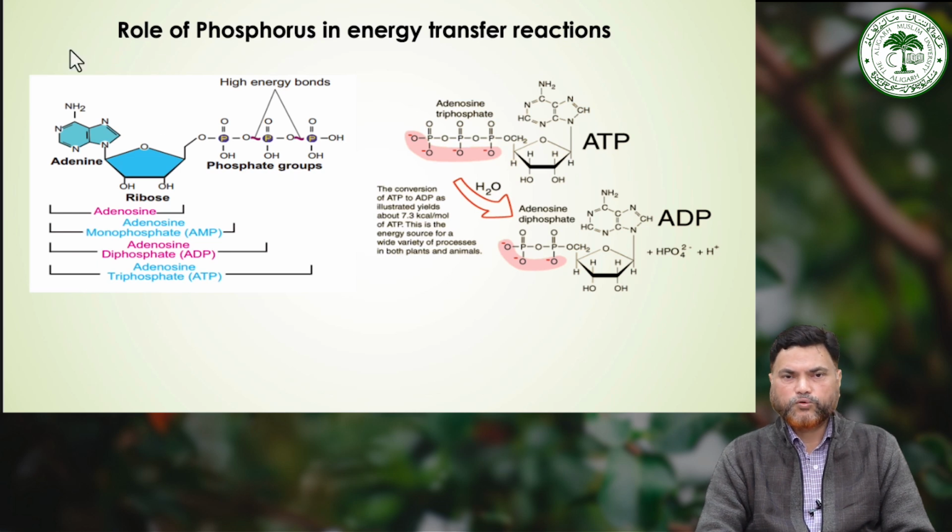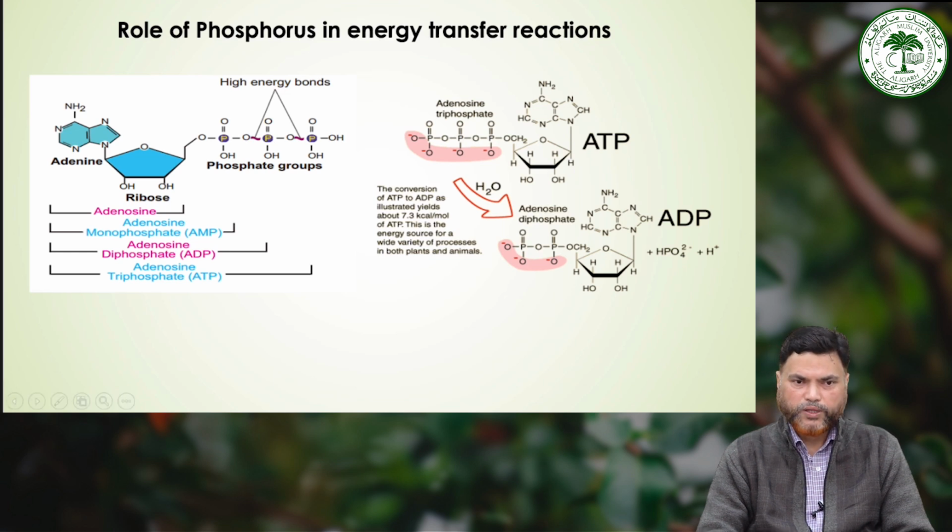Now, what is the role of phosphorus in energy transfer reactions? As you see, phosphorus is a very vital component of ATP. You see in this diagram the structure of the ATP molecule, and ATP is also known as the energy currency of the cell.